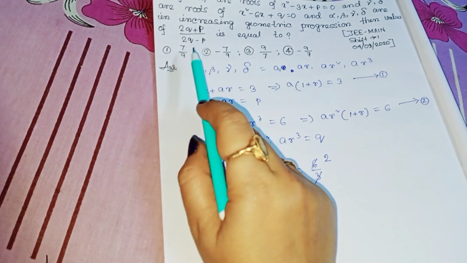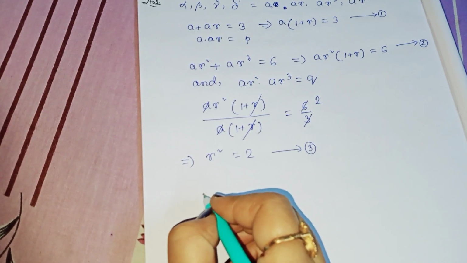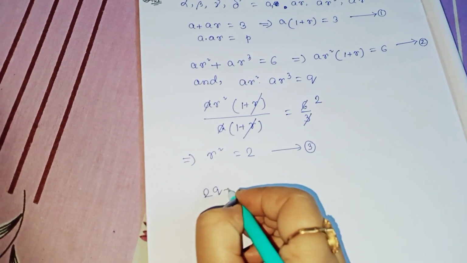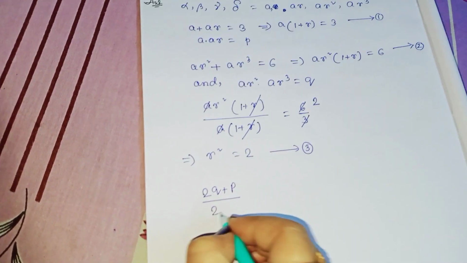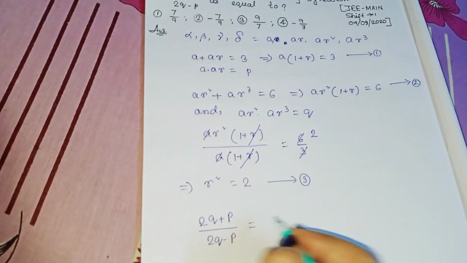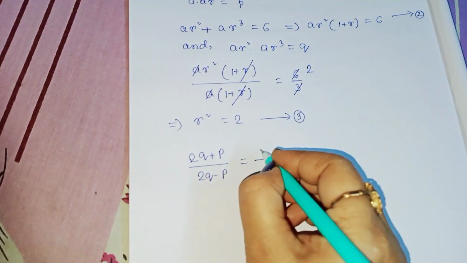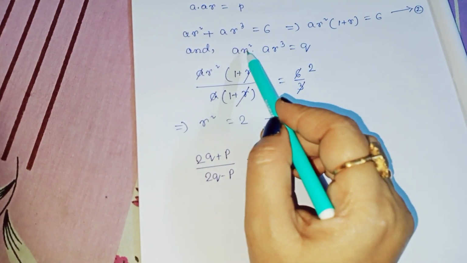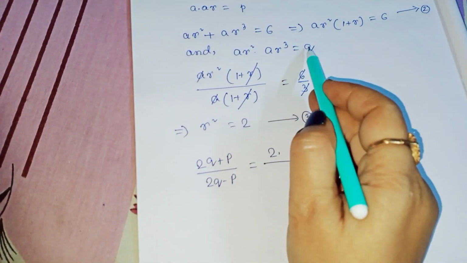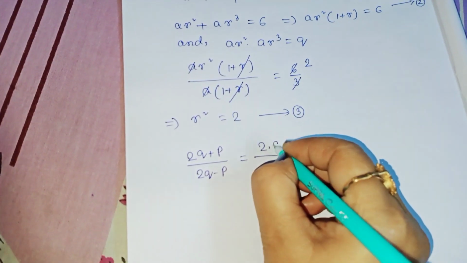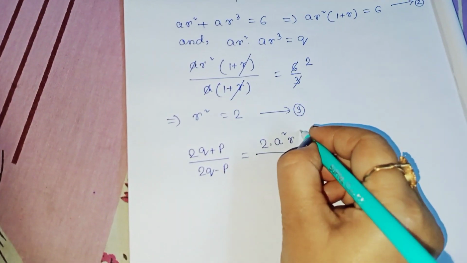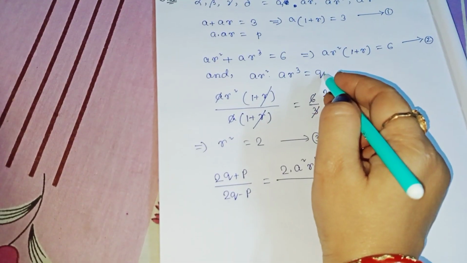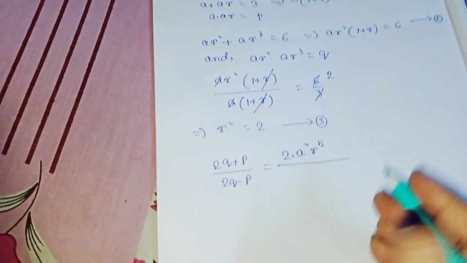Now we should calculate the value of (2q plus p) divided by (2q minus p). We know q is equal to a square r to the power 5, and p is equal to a square r.